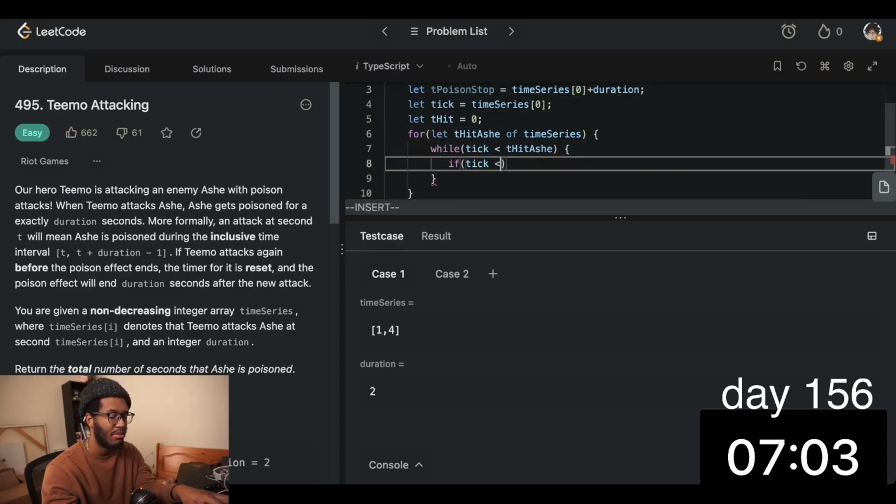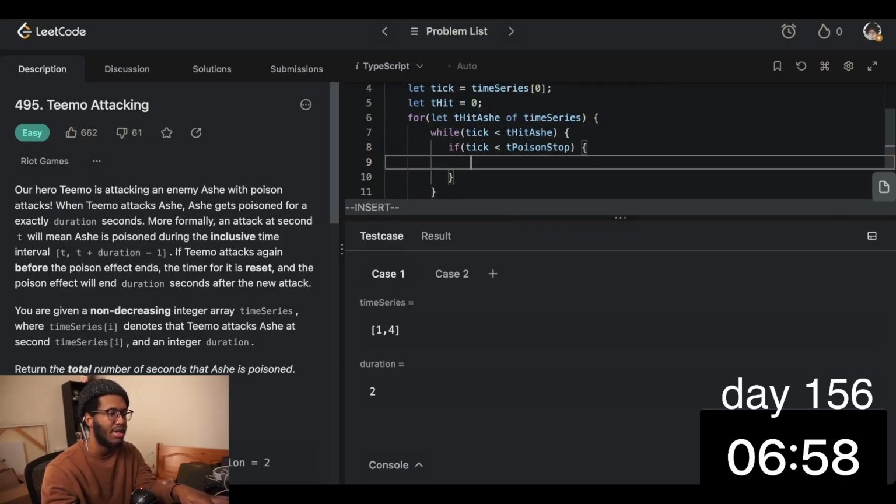If tick is less than t poison stop, we'll say t hit plus equals 1.